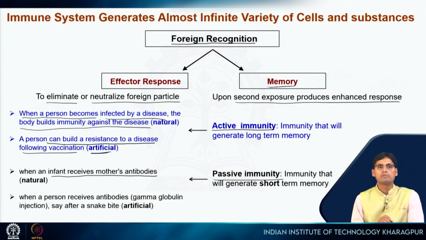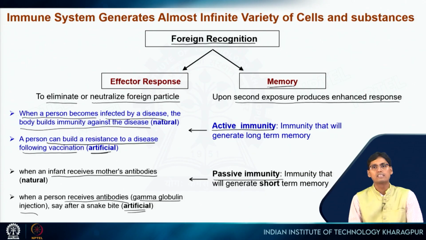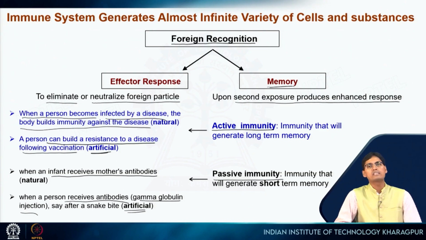This is passive immunity. And artificial passive immunity is when a person receives antibodies, for example a gamma globulin injection after a snake bite. That is also passive immunity, but artificial, not the natural one. So this is an overall idea about our effector response and the memory.